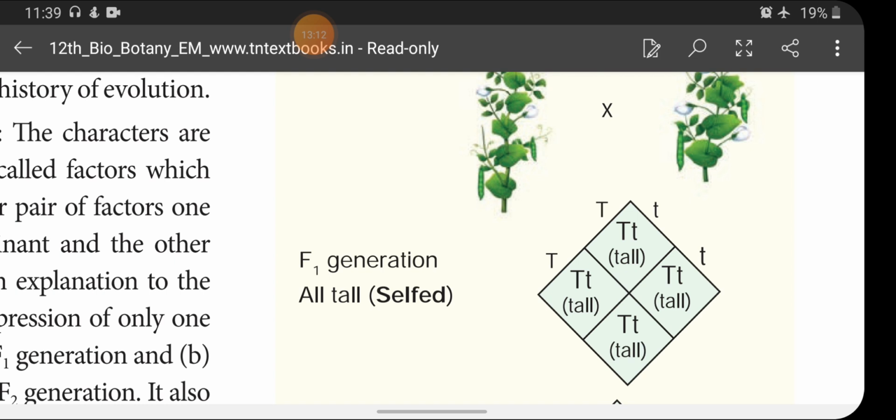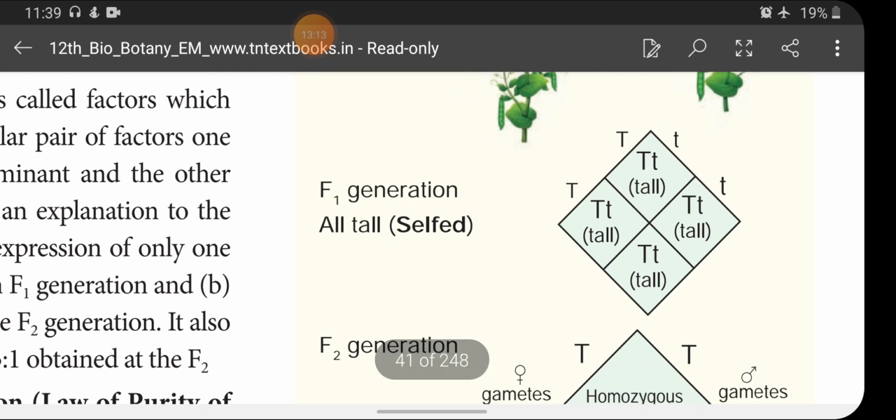See, all the F1 are tall plants. You could see one side capital T, it is a male gamete. Another side is small t. These are female gametes. When these gametes are crossed, we get all tall plants with capital T, small t.